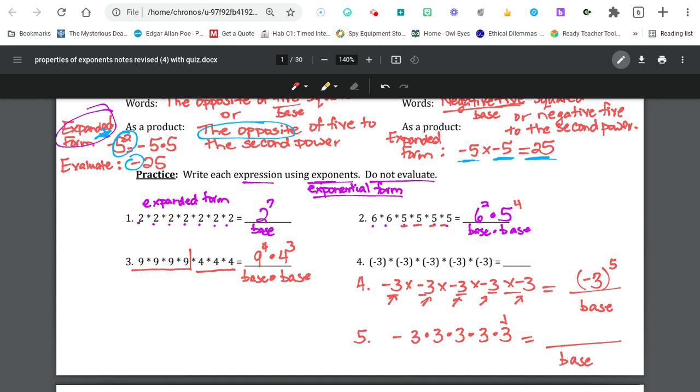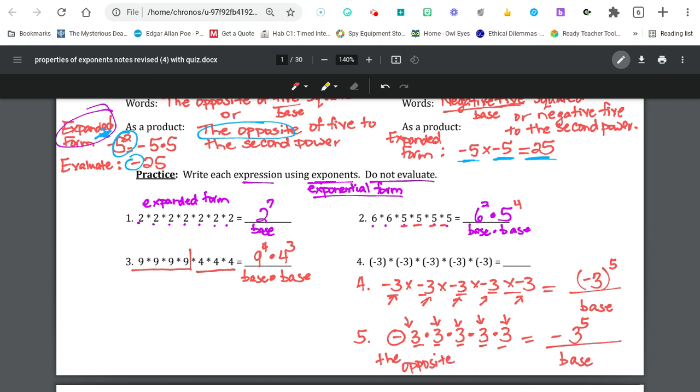But I definitely don't see a -3. This looks like a -3, but it's not, guys. You just have a base of 3, and you read this as 3 to the 5th power. But you're going to read this as the opposite of 3 to the 5th power.